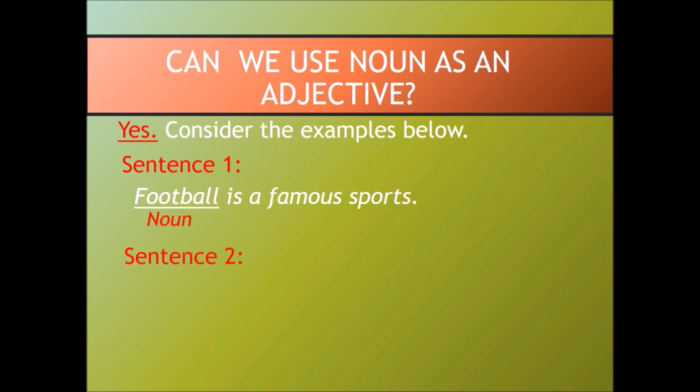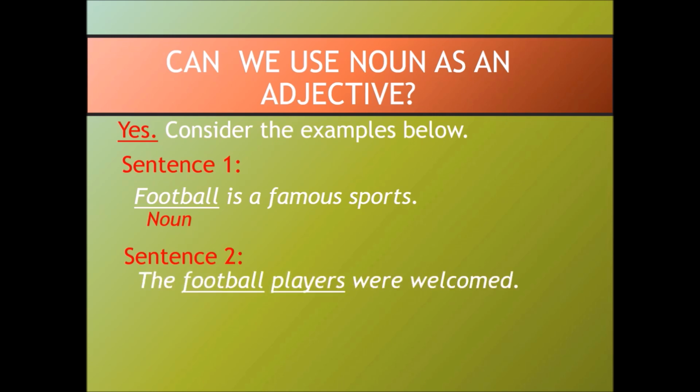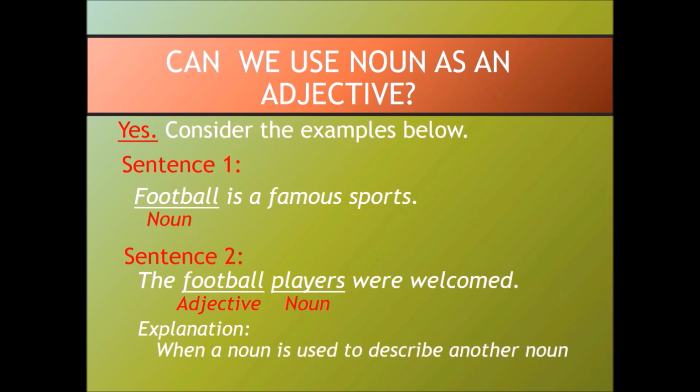Then in sentence 2, we have this one. The football players were welcome. Now the noun football becomes an adjective to noun players. Explanation: when a noun is used to describe another noun which follows it, it becomes an adjective.